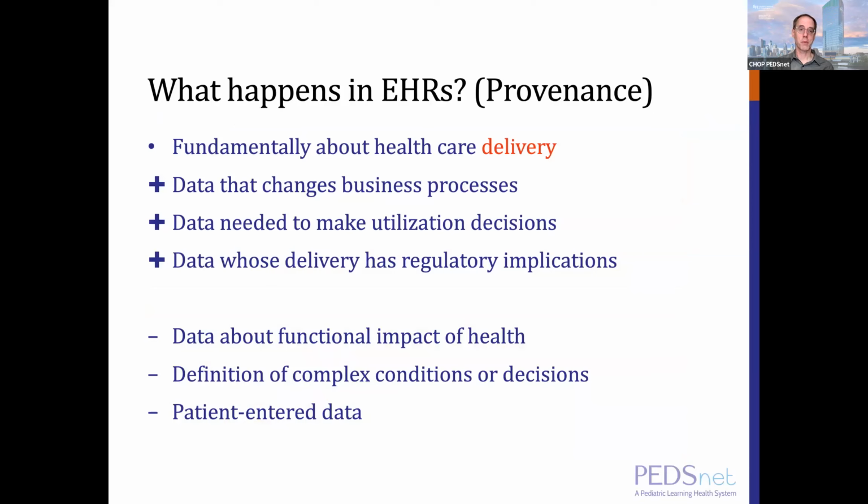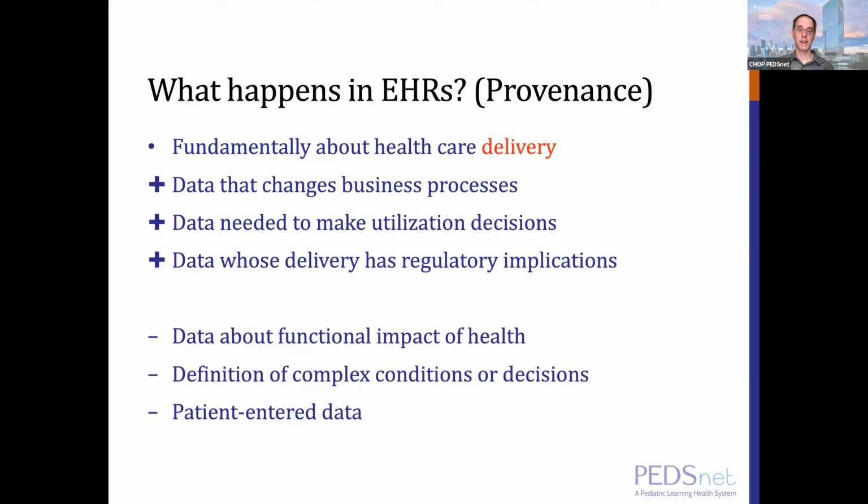So that leads to the very practical question, what happens in an EHR? It's important to remember that EHRs are fundamentally operational systems. They are fundamentally about the process of healthcare delivery. So what that means is that they are, relatively speaking, better at collecting data that changes business processes, that's involved in delivery of a service, that's involved in the revenue cycle, that's involved in use of supplies.